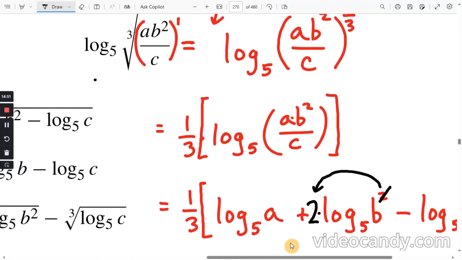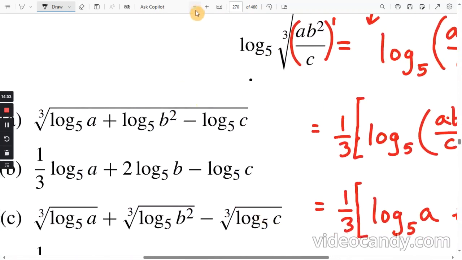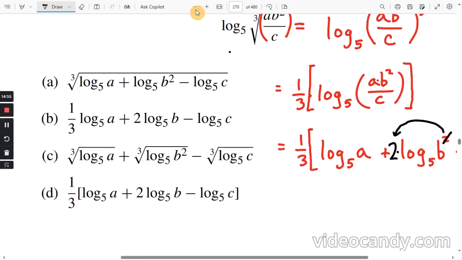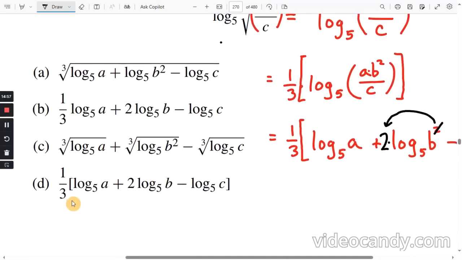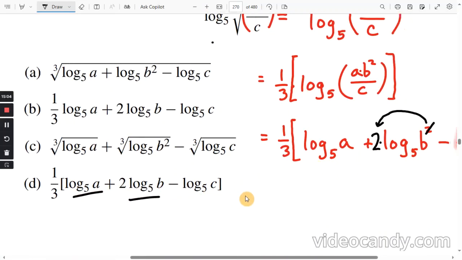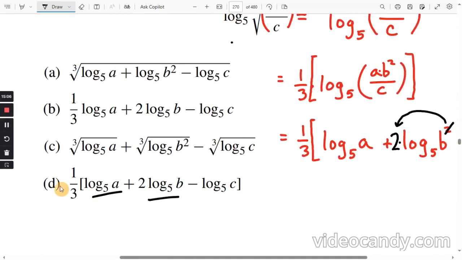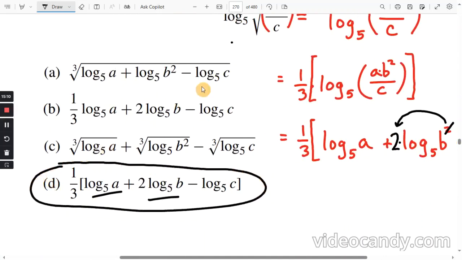So that's what they have, 1/3 on answer D, I think it was. 1/3, and they have the brackets, log base 5 of A, 2 log base 5 of B, minus log base 5 of C. So that's what we got.